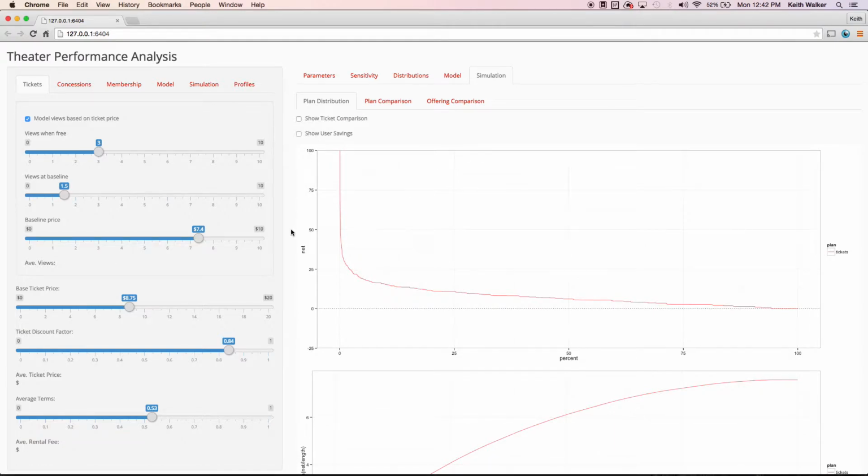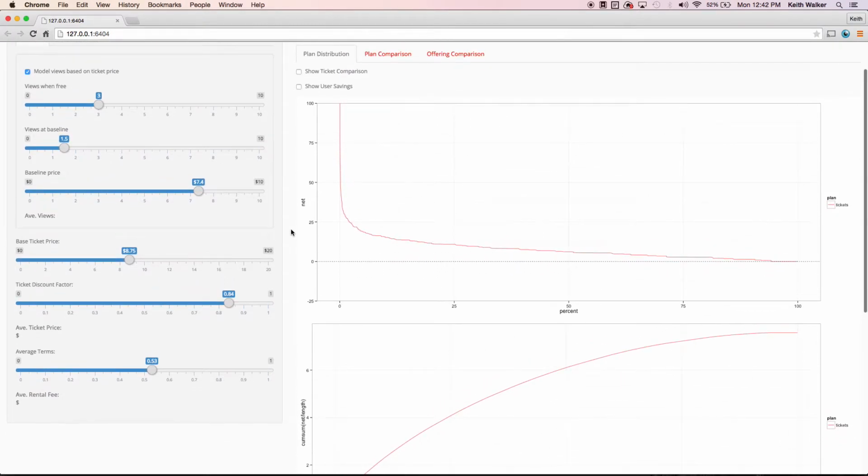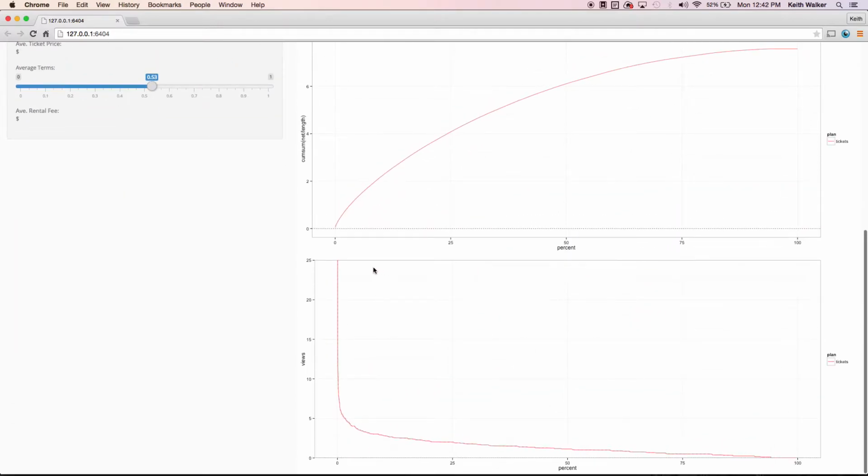So if we multiply those 2 plots together, we get this plot. This is actually a kind of a better distribution. This is views. So here's a number of views, and this is again percentile. The 0th percentile, and this is ordered in the opposite direction. This is saying the very highest users are watching somewhere above 25.